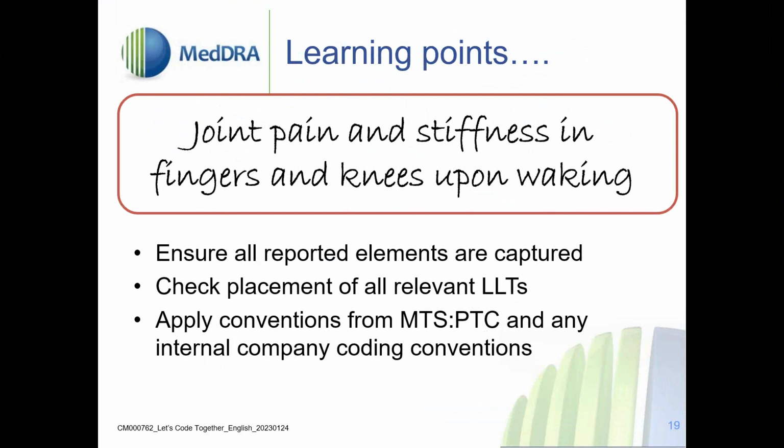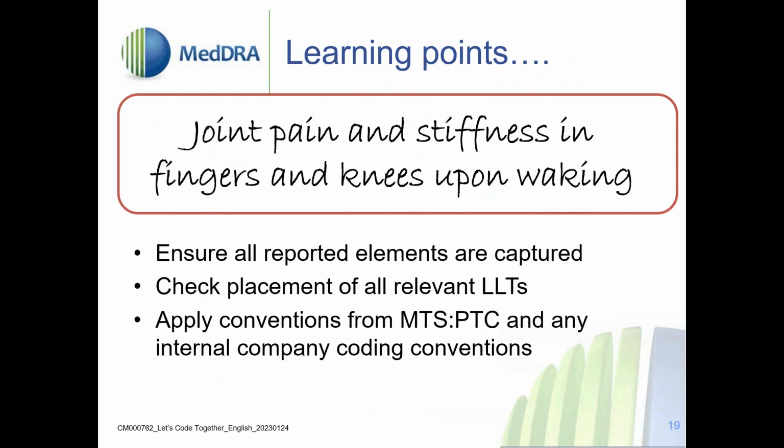And here are our learning points. First of all, make sure to capture all reported information: the joint pain of the knees and fingers, as well as the joint stiffness of the knees and fingers. And when searching for suitable terms, always check the hierarchy. The LLT finger stiffness and the LLT pain in fingers look promising at first glance, but by assigning these terms, one would lose the information that the finger joints were affected.